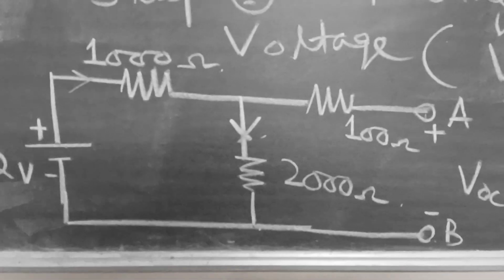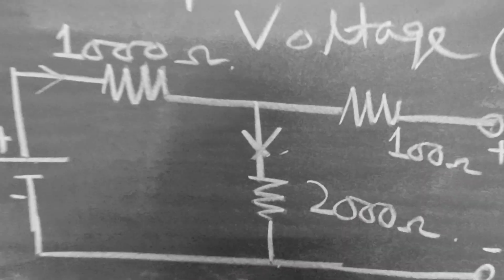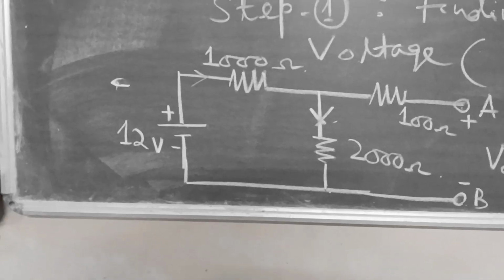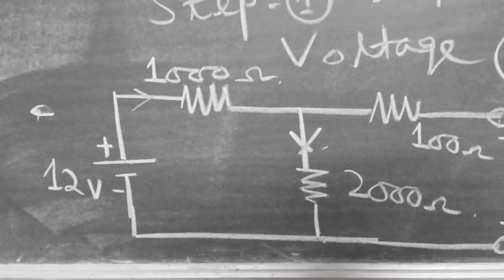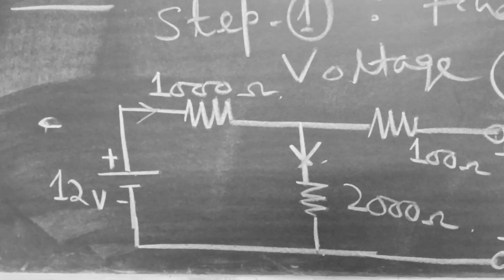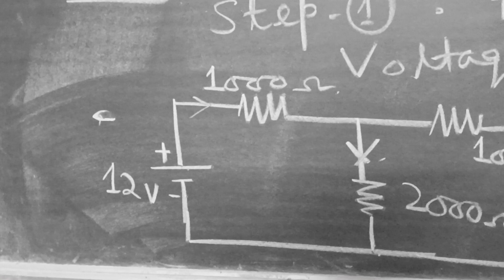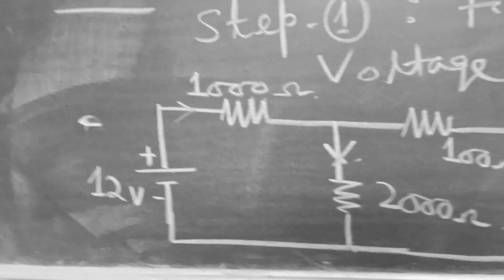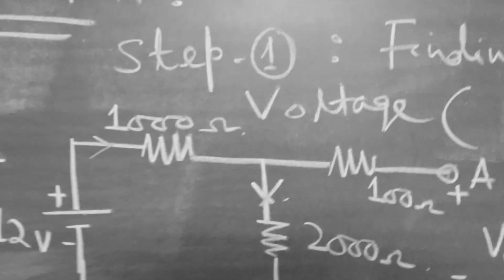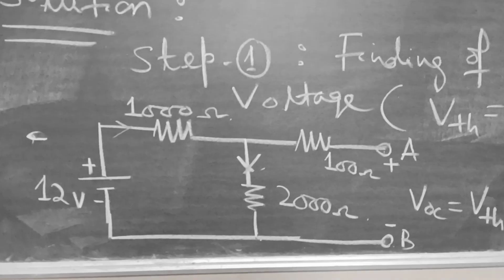Open means no current flows through the 100 ohm. So the total resistance here is 1000 ohm plus 2000 ohm. Being the same current flowing, we can apply the voltage division formula to find the voltage across 2000 ohm.